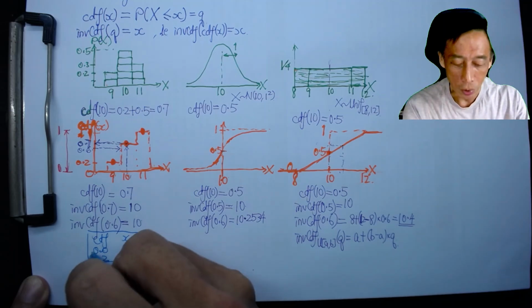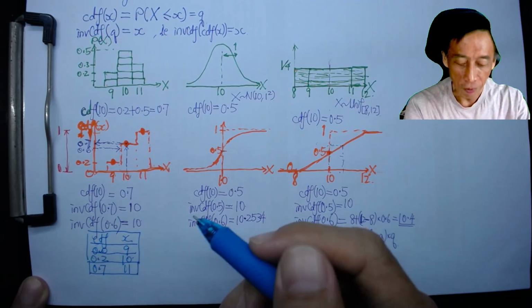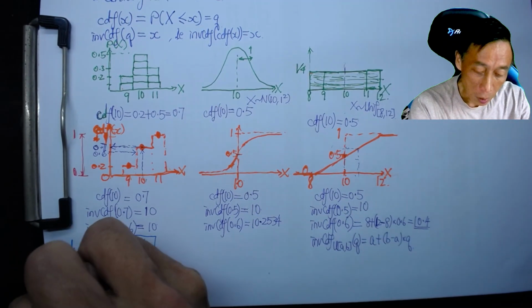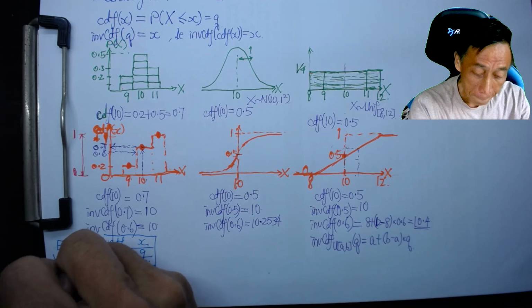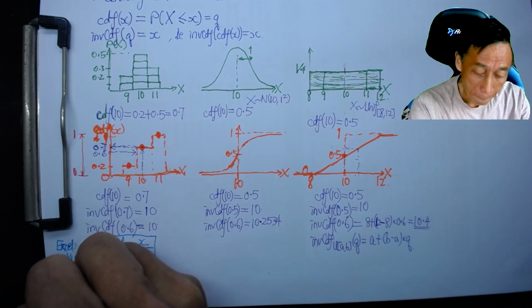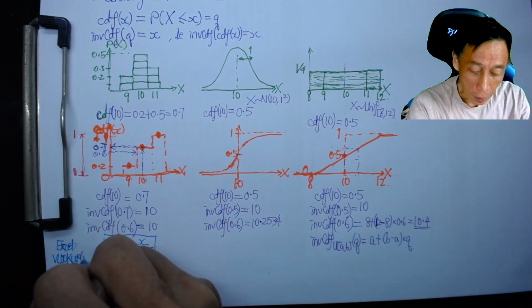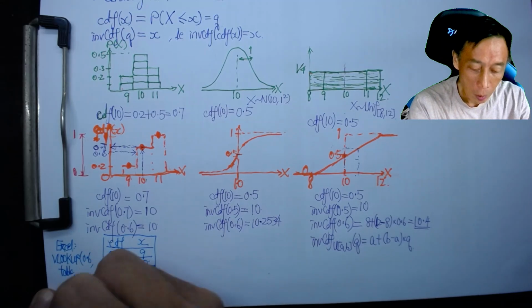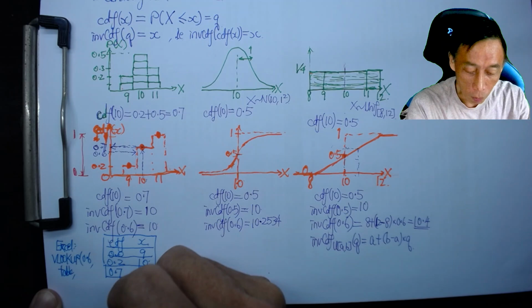So in Excel, you will use this table in a VLOOKUP, right? So in Excel, you will use a VLOOKUP of the value, comma, the table, comma, column 1, column 2.